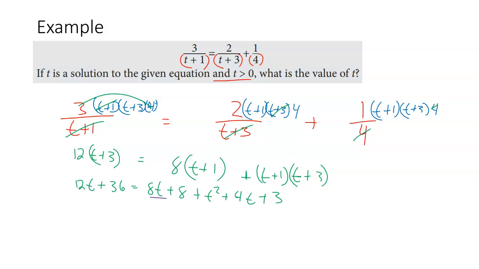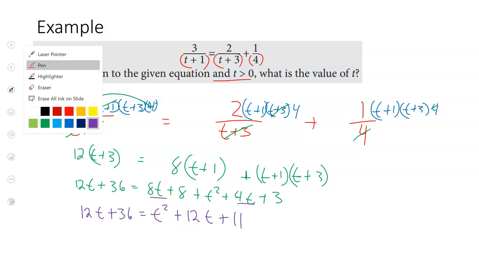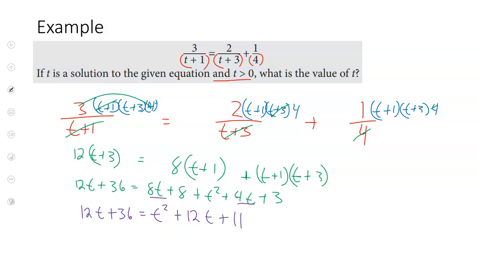Okay, that gives me 12t. So 12t plus 36 equals t squared plus 12t, and then 8 and 3 gives me 11. I've got 12t on both sides. What's that going to have to do? Those will cancel. All right. And then we subtract 36 from the other side. We end up with t squared minus 25 equals 0.